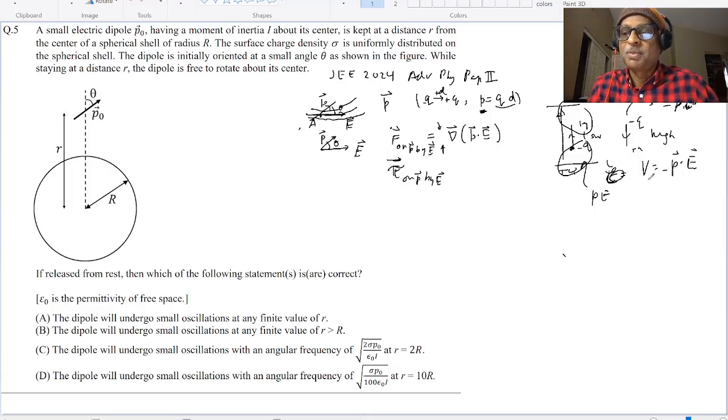And so if this is the potential energy, then force will be minus del U, and this minus minus cancels out. So this is going to be del of P dot E.